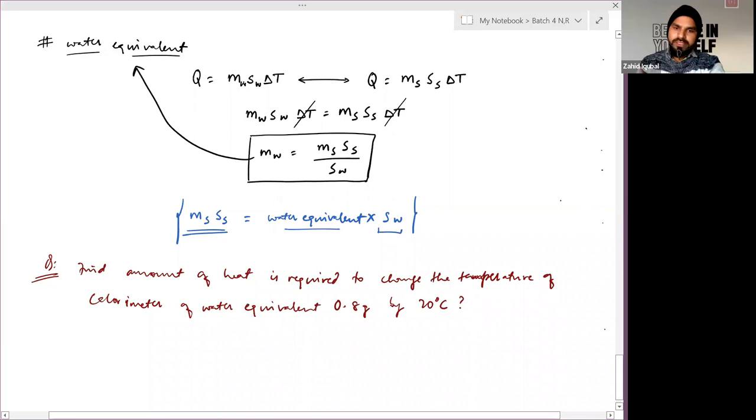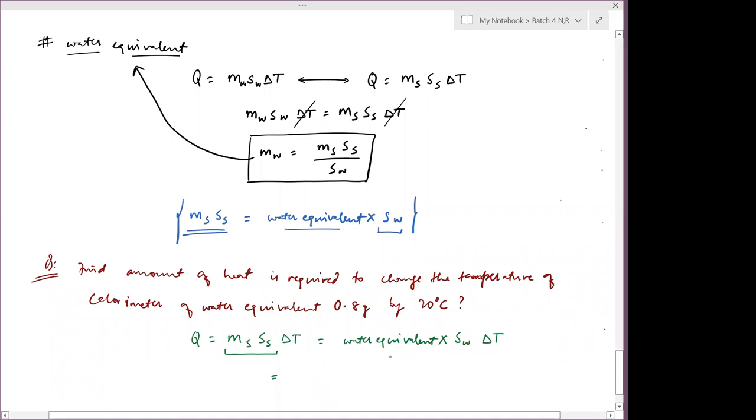Since the amount of heat required to change the temperature of a particular substance is nothing but specific heat, we may write Q equals mass of substance, specific heat capacity of substance, times change in temperature. This quantity in terms of water equivalent equals water equivalent multiplied by specific capacity of water times change in temperature. Nabila, is it clear? Yes, sir.